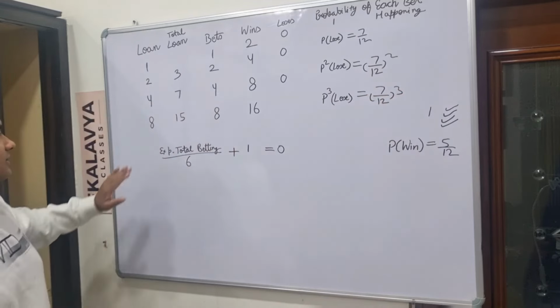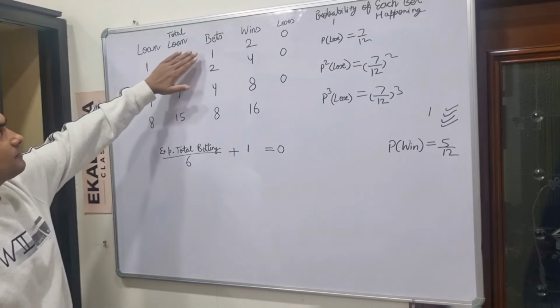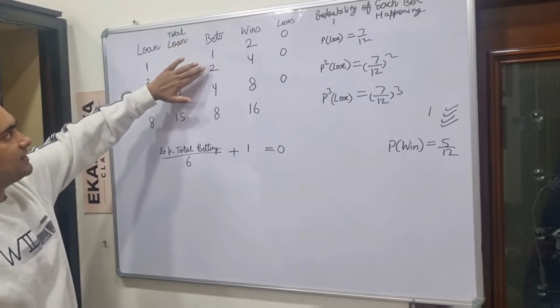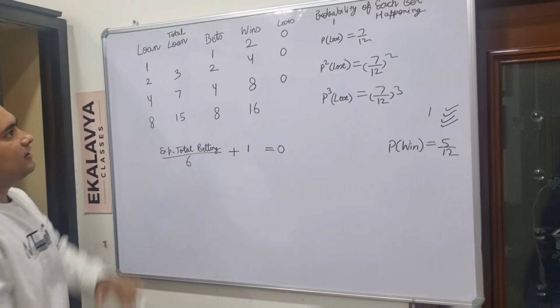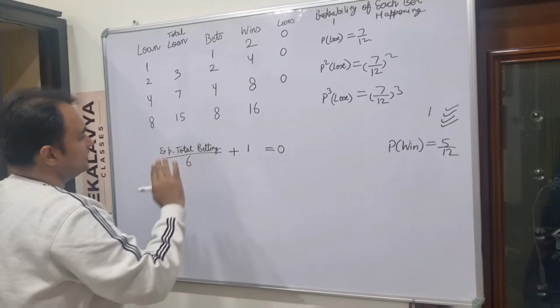So to calculate expected total betting, we will sum all these bets 1 plus 2 plus 4 plus 8 weighted with their probabilities.